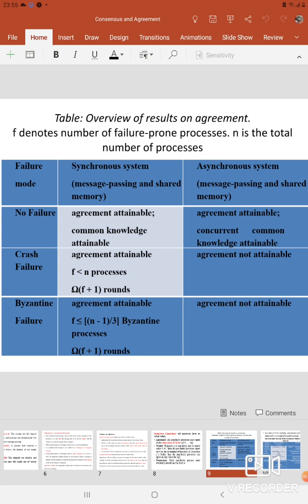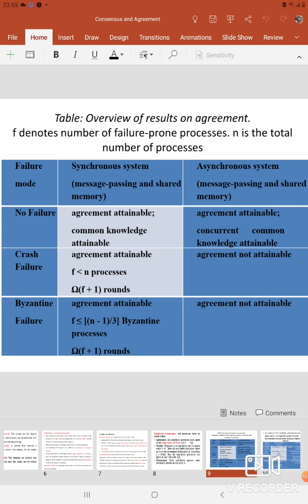The second failure mode is crash failure. Here, in a synchronous system, agreement is attainable, but the condition is that f should be less than n. Here you have to go through f plus 1 rounds to reach the final agreement. Whereas in an asynchronous system, agreement is not attainable; it is not possible.